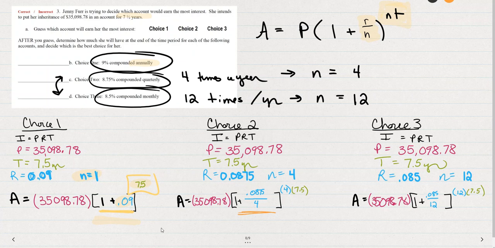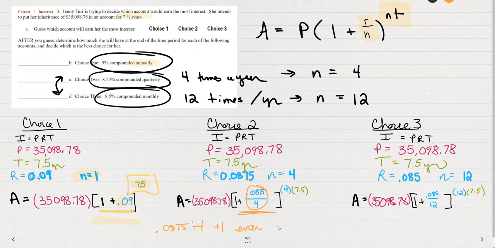This is what I'm going to put in my calculator: 0.0875 divided by 4, plus 1. And then I'm going to hit enter or equals. That gives me the sum of 1 added to that blue quotient, 0.0875 divided by 4.